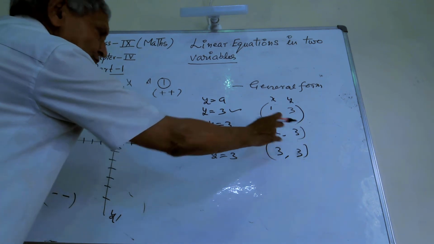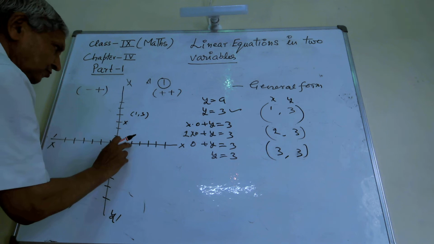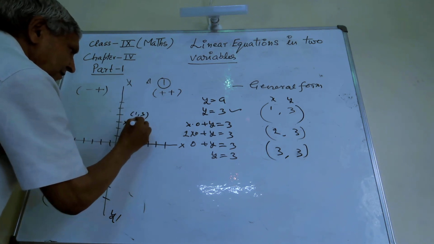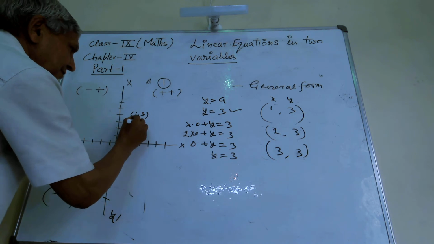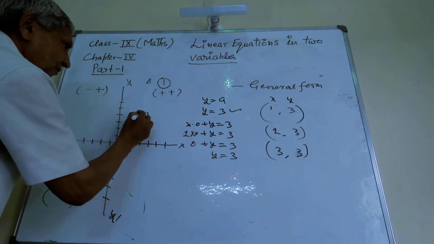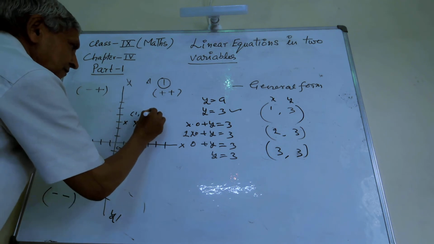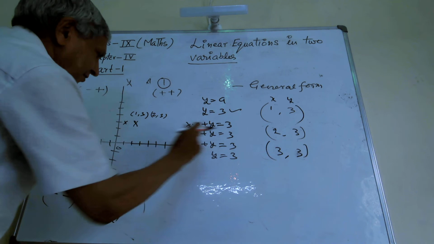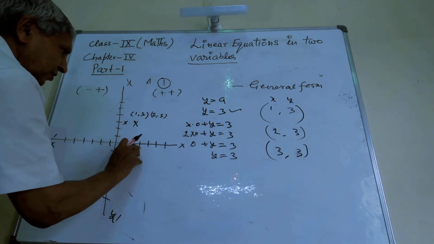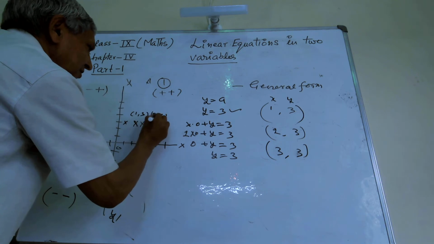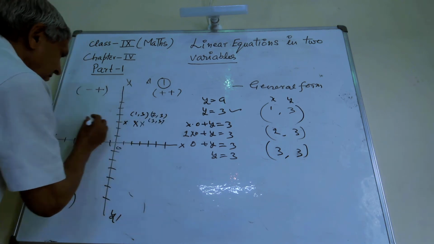X is equal to 2, y is equal to 3. This point is (2, 3). Now again take (3, 3): x is equal to 3 and y is equal to 3. This point is (3, 3). And draw a line.